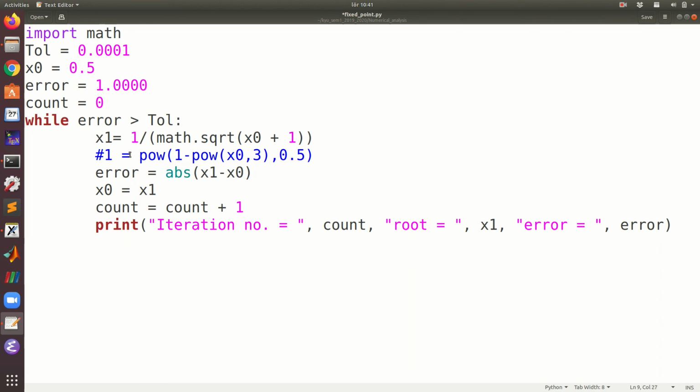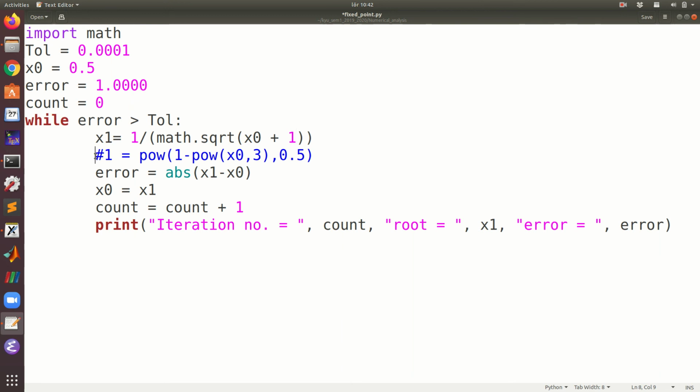Okay, so here what do we have? The first form, form 1, remember we said x_{n+1} equals 1 over the square root of x_n plus 1. So that is what we have here. x1 represents x_{n+1}, and x0 simply represents x_n.